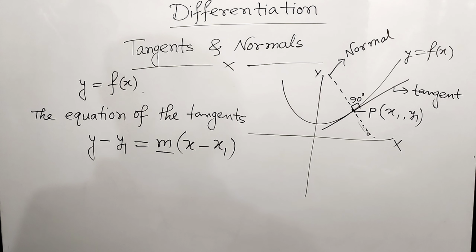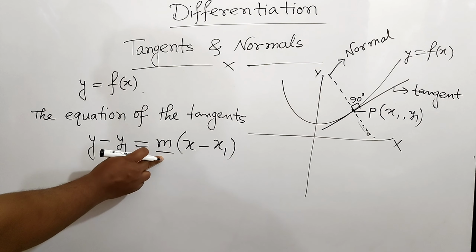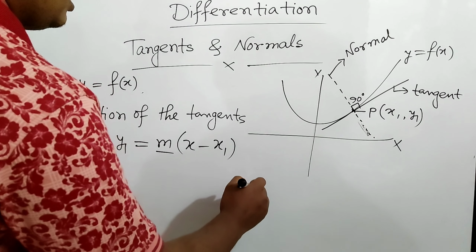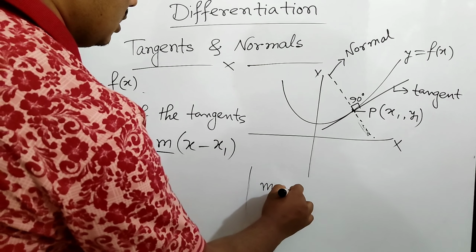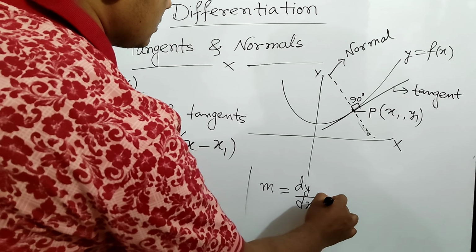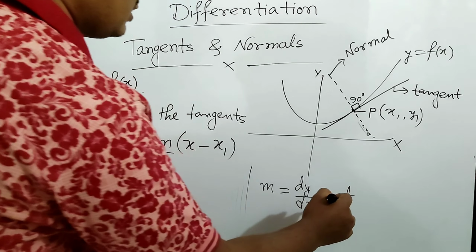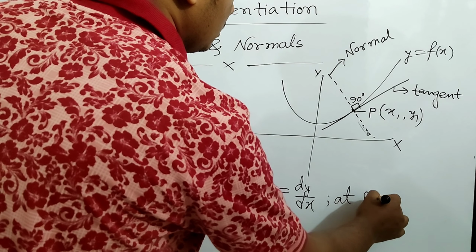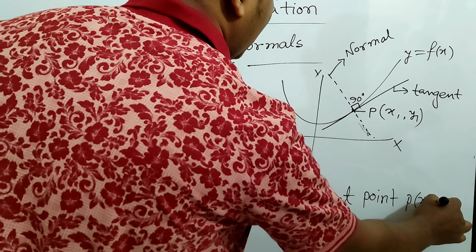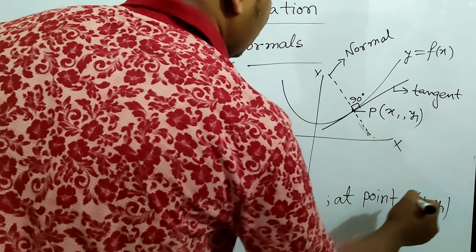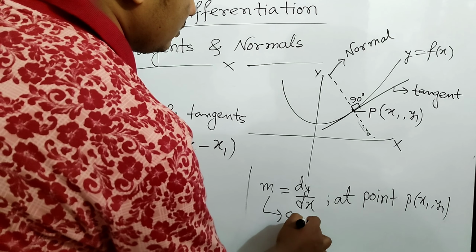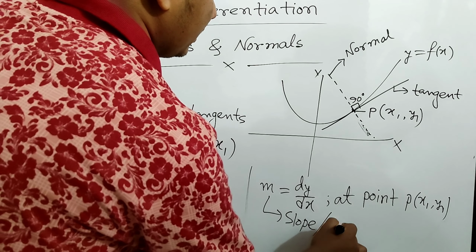Here m is called the slope or gradient. Here m equals dy over dx at point P, let's say (x1, y1). So m is called the slope or gradient.